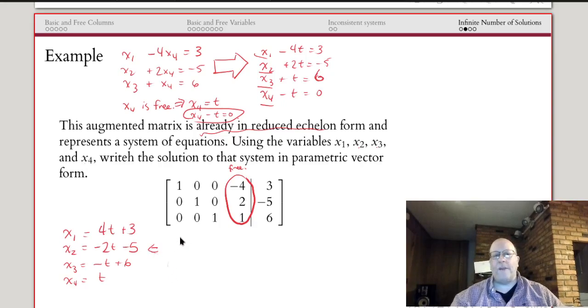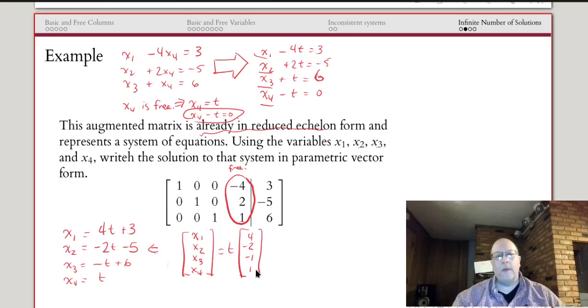We can write this in parametric vector form as the vector x1, x2, x3, x4 is equal to t times the coefficients here, 4, negative 2, negative 1, positive 1, plus the constant terms, 3, negative 5, 6, and 0.